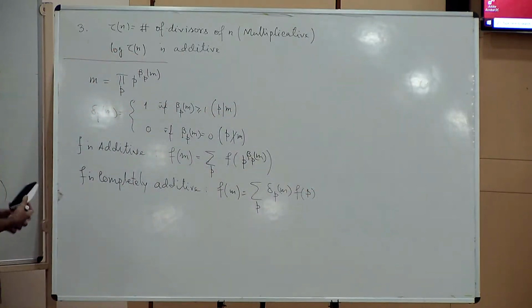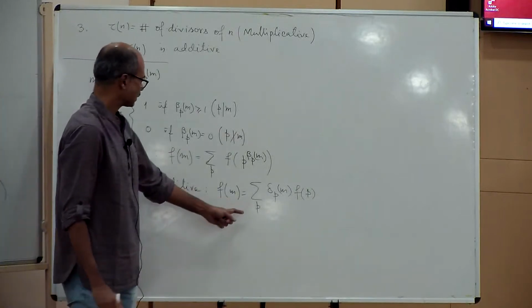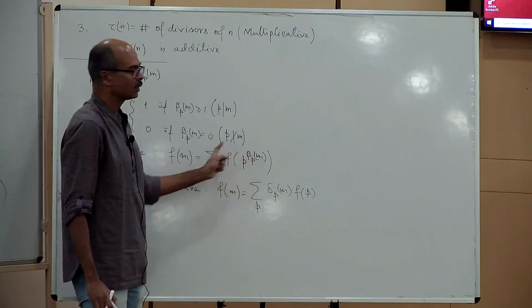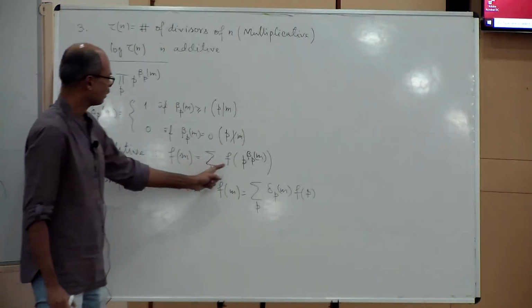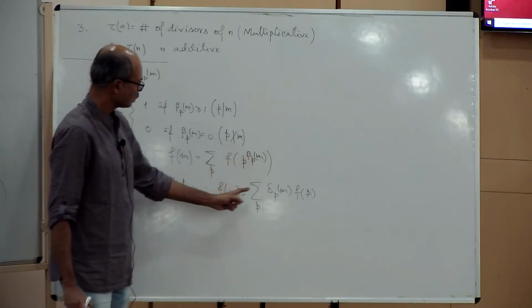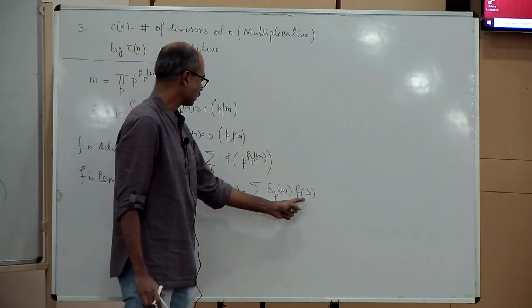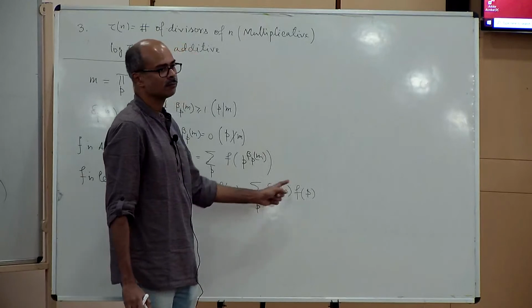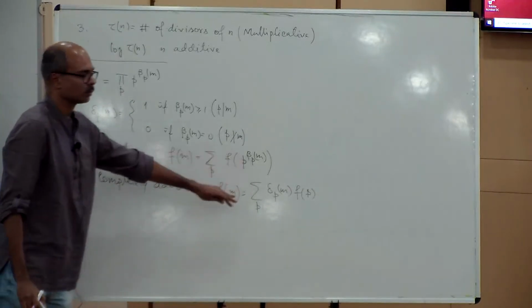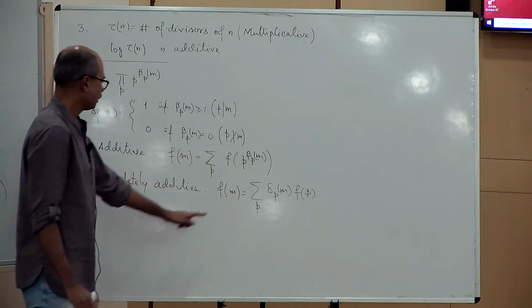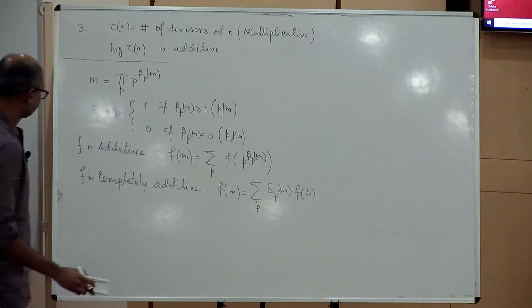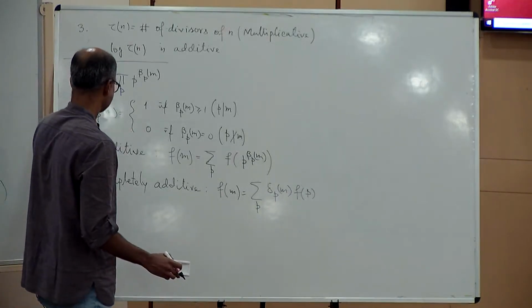This is what you are going to get, because all these things are just going to be equal to f of p. So, f of p to the beta is going to be f of p. So, you have f of p at the primes which divide m. Both are finite sums obviously, because m has finitely many prime factors.